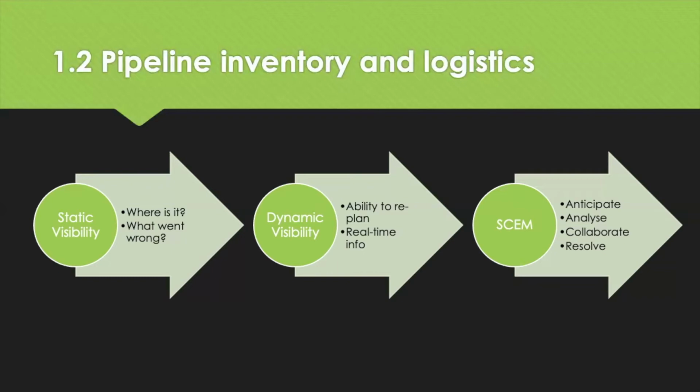When the recipient pays for the items, even if the recipient has not taken physical custody, the pipeline inventory goes into the recipient's inventory list. So it can be extended to include inbound inventory that is in transit. All these options are covered by the relevant Incoterms, and there's a separate video on the YouTube channel that covers the Incoterms if you're interested in looking at that in more detail.